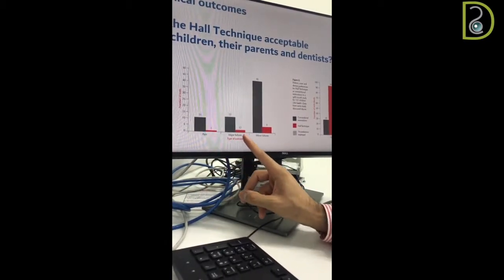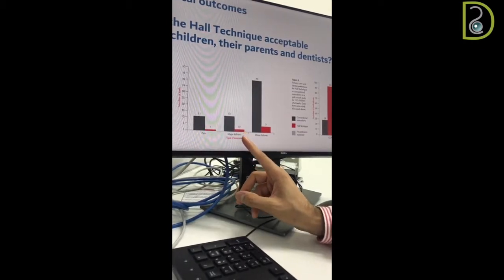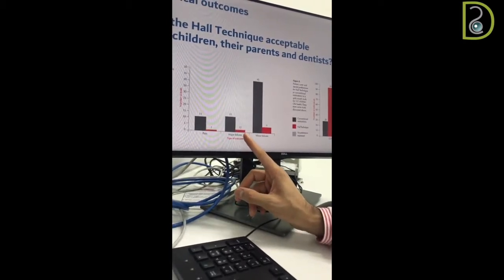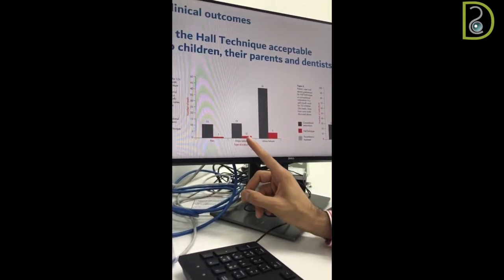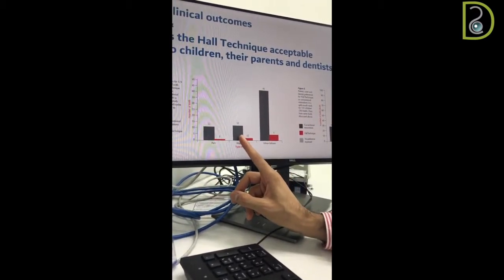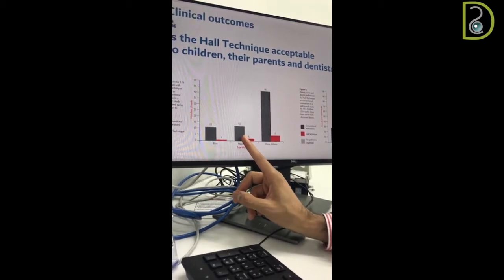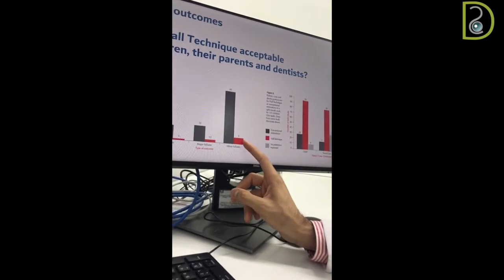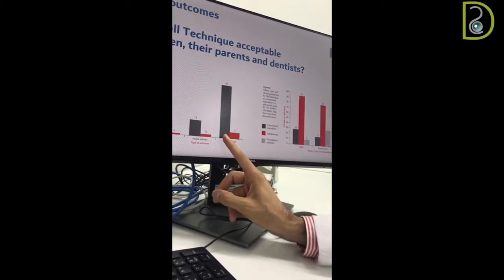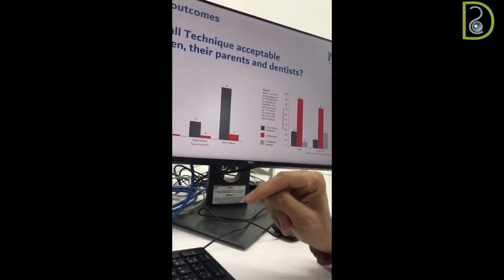As a major failure, like the tooth becoming necrotic or an abscess, here it's only 12 for the whole crown and 13 for the conventional, which is still much less, and minor failures, only 5 in the whole crown, and in the conventional we had 45 minor failures.